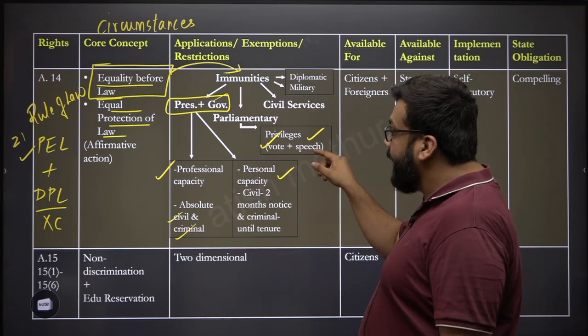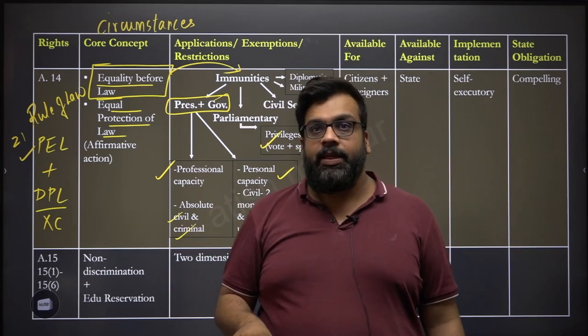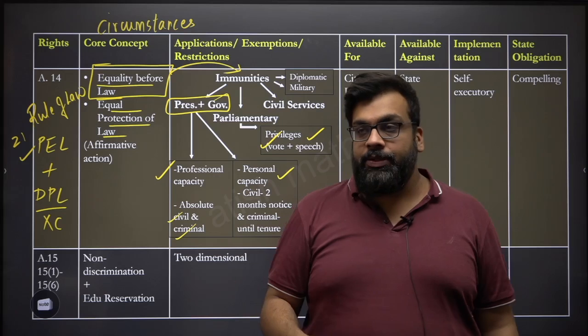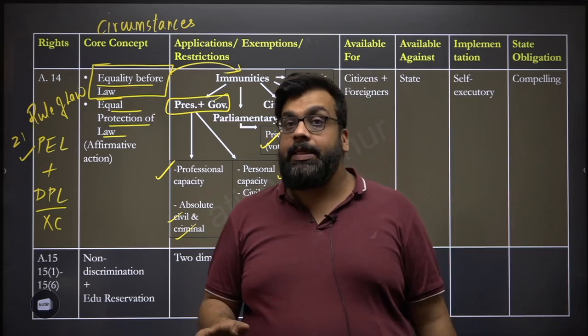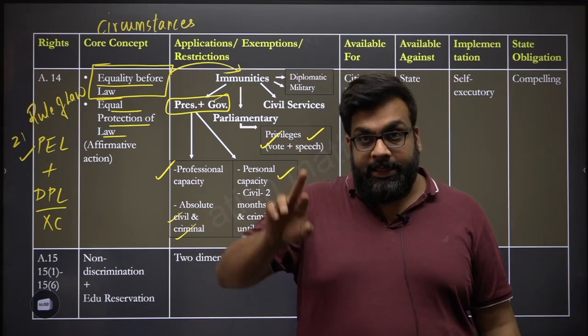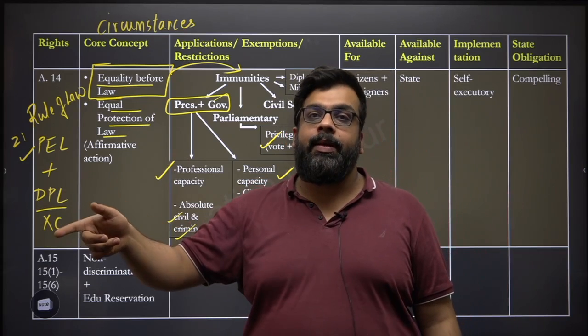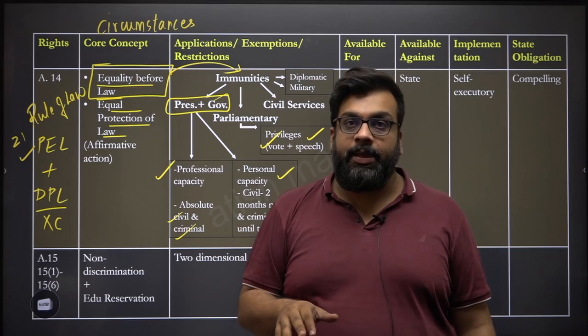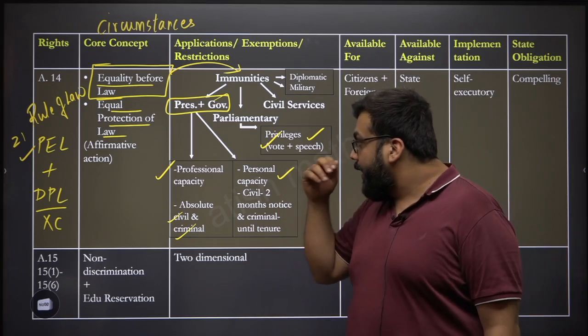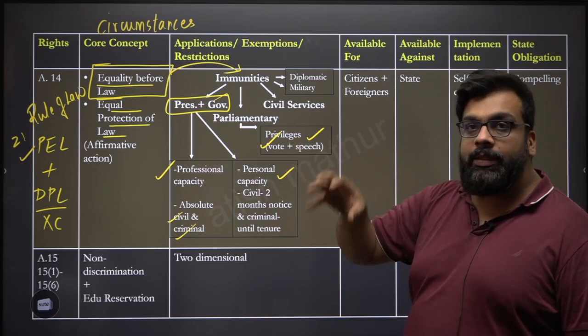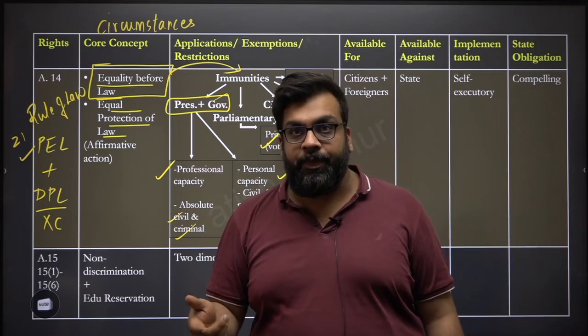But anything said on the floor of the House, you have immunity for it. So no matter how savage the parliamentarian's speech might be, it will still be immune from proceedings around defamation because you have a parliamentary immunity for it.